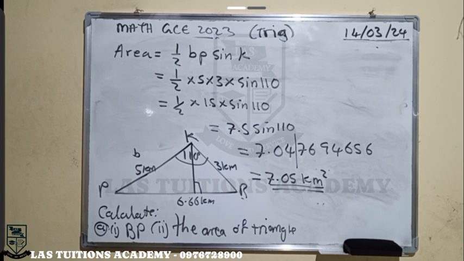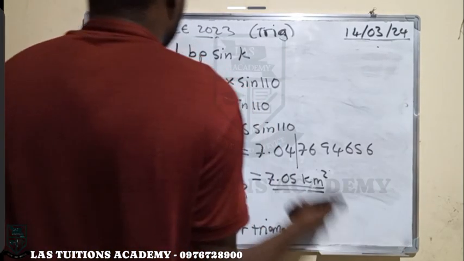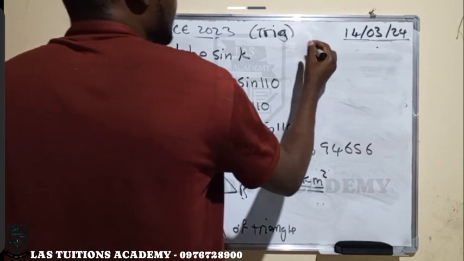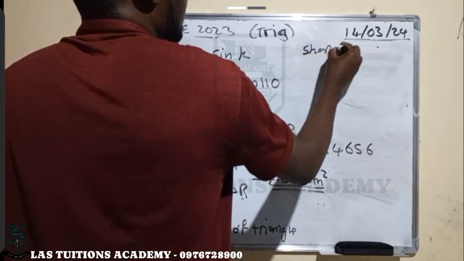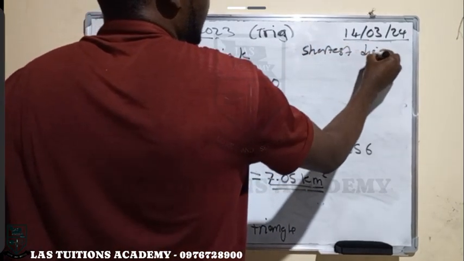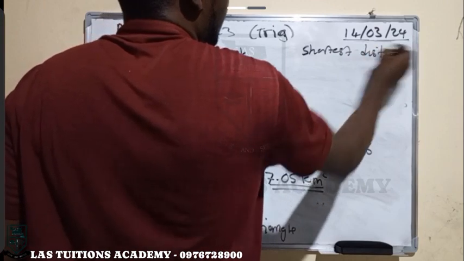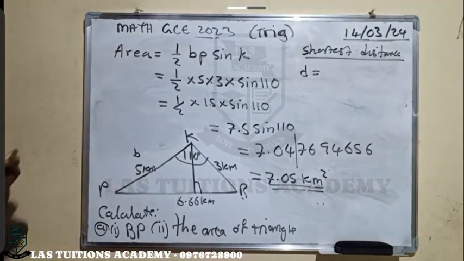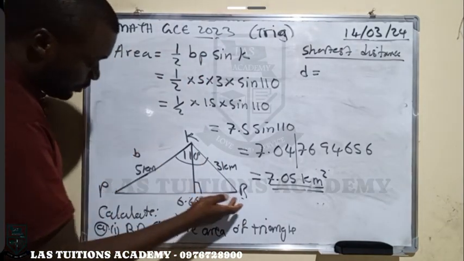Okay, so let's go to the shortest distance. The shortest distance D is from K to BP.